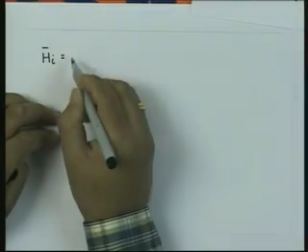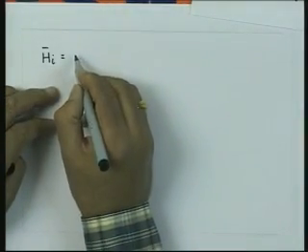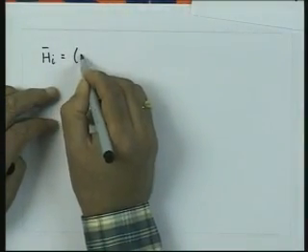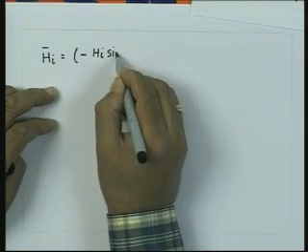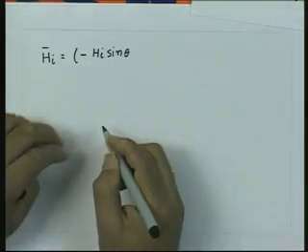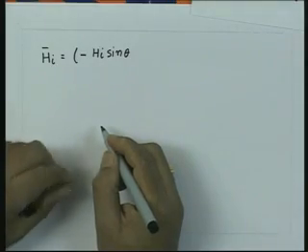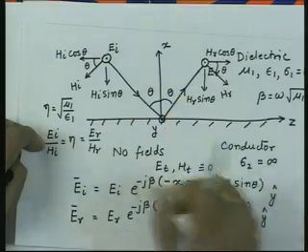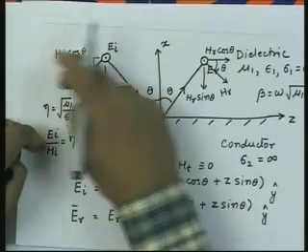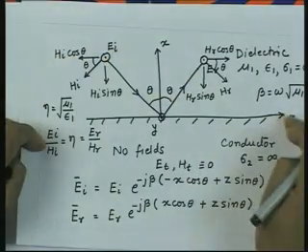So, this will be equal to minus H_I sin theta. There is no y component of the magnetic field, so that component is 0, and then this component will be opposite to the z direction.